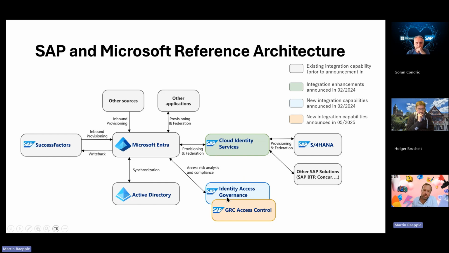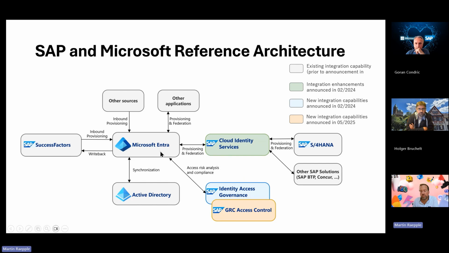A completely new functionality has been introduced with Identity Access Governance in 2024. And most recently, just a month ago, we also announced extending the scope to GRC Access Control.